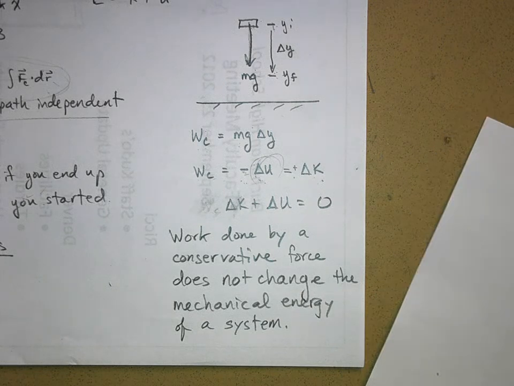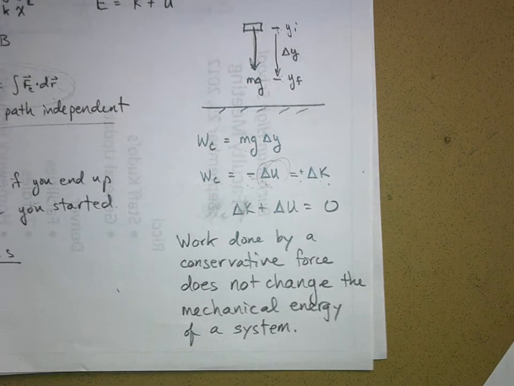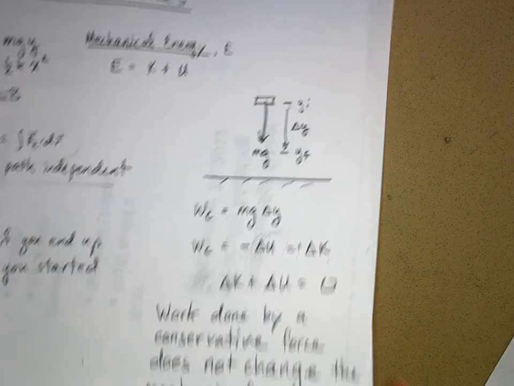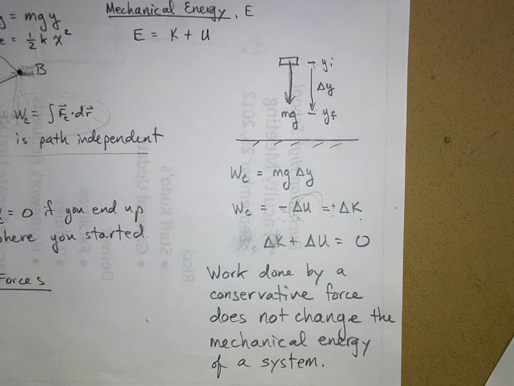Okay. Now this brings us to non-conservative forces, and it also leads us to what I think is probably one of the most useful equations that you're going to get this year. It's right up there with F equals ma, and ironically it's not in your textbook, so really pay attention right now.